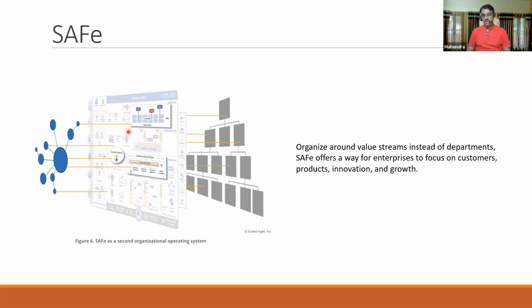It provides the stability and the efficiency of a hierarchical organization, as well as bringing out that entrepreneurial network or entrepreneurial spirit in the organization, because the teams are organized around value streams instead of departments. So that is what SAFe is all about. It is all about having the dual operating system in place.